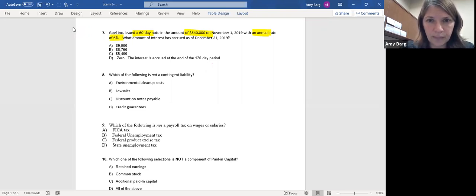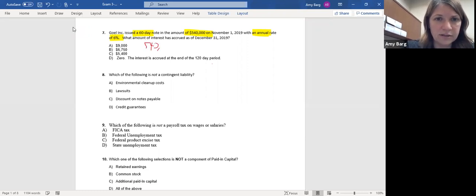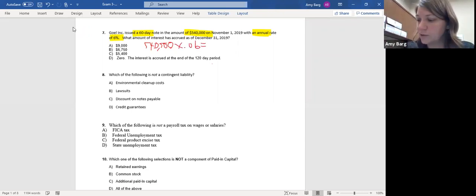So the answer is going to be $540,000. That's the amount that the note is worth, and the interest per year is 6%. So the whole amount of interest that you would pay if this were to go over the course of a whole year would be $32,400. But it's a 60-day note.